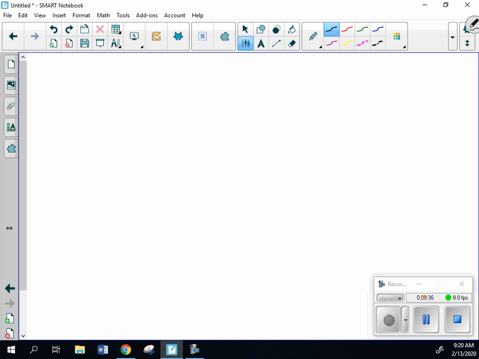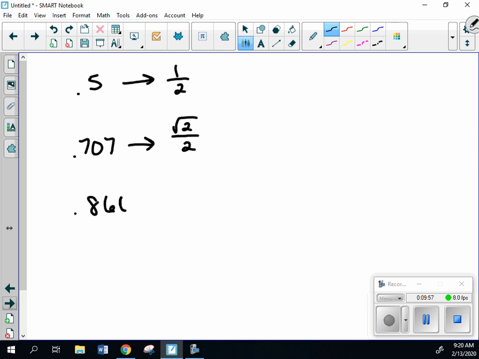The other one that you're going to get is 0.5, which results in a half. That one's an easy one. You're going to get 0.707. If you have this as a decimal, it is square root 2 over 2. If it's a negative, add in a negative. And there's one more that you need to know, 0.866. This is square root 3 over 2.